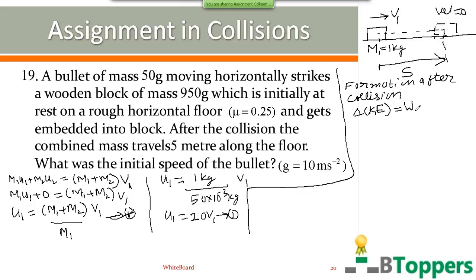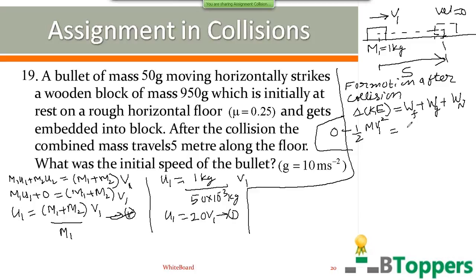That is work done by the frictional force plus work done by the gravitational force plus work done by the normal reaction. Final velocity of the combined mass for motion after collision along the floor, we can take it as 0. So final kinetic energy is 0. Initial kinetic energy of the combined mass for motion after collision is half m V1 square.